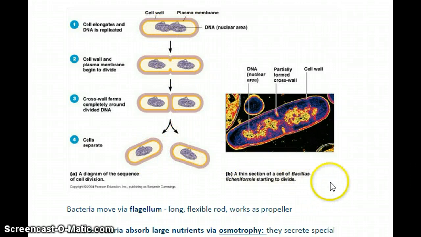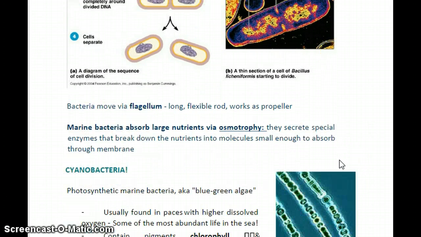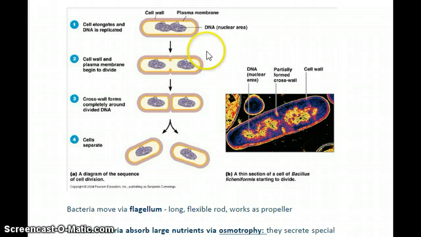And this can happen insanely fast. They can do this in a matter of seconds or minutes. So that means that bacteria have the ability to evolve very quickly. So something else that's important about this is even though the daughter cells technically should be identical, they're not always going to be. And the reason for that is mutation. So mutations are going to crop up during this part of the phase here when the DNA makes a copy of itself.